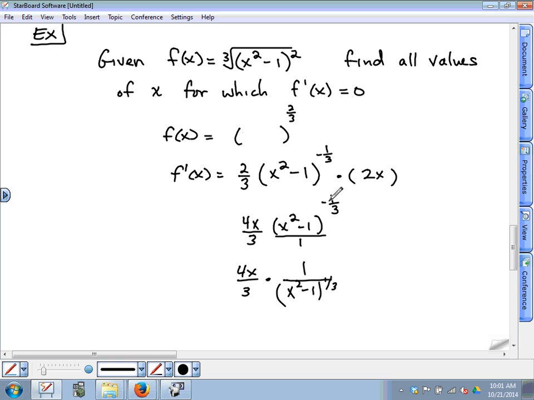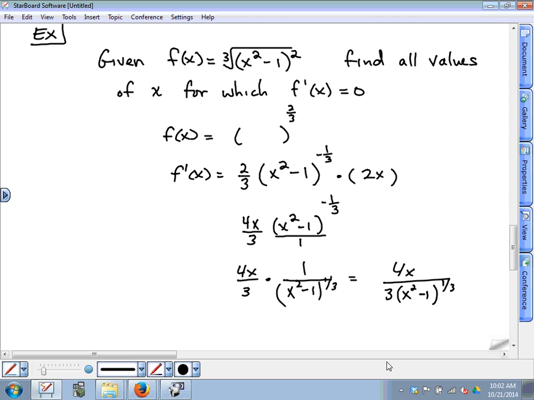The phrase I've always used is, if it has a negative exponent, it hops the line and switches signs. So the final answer here was 4x over 3 times x squared minus 1 to the 1/3.